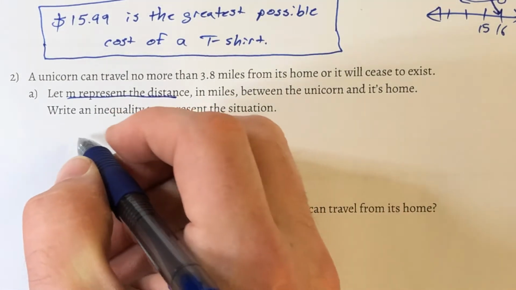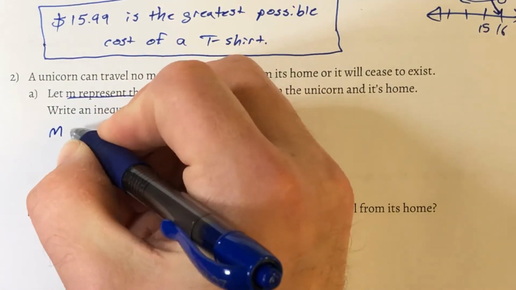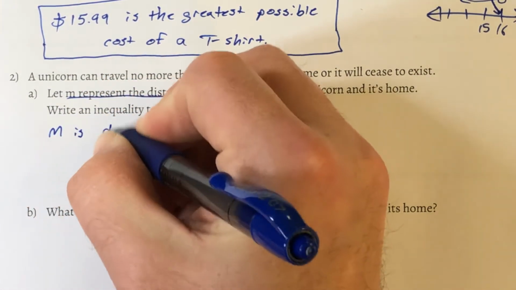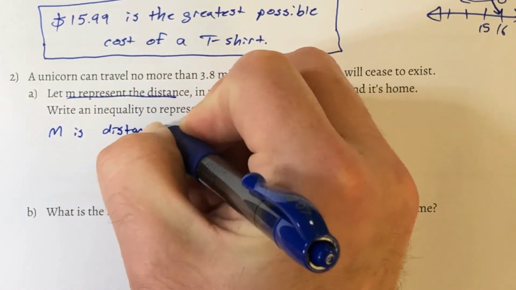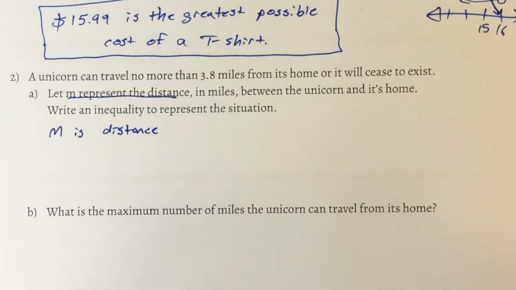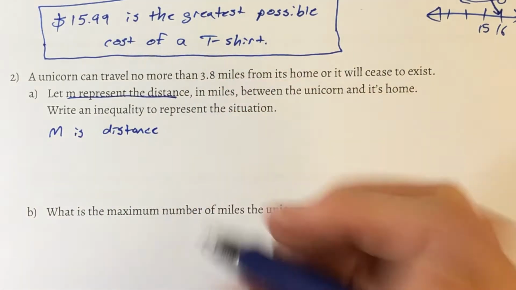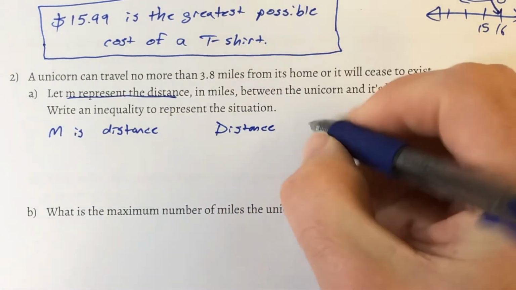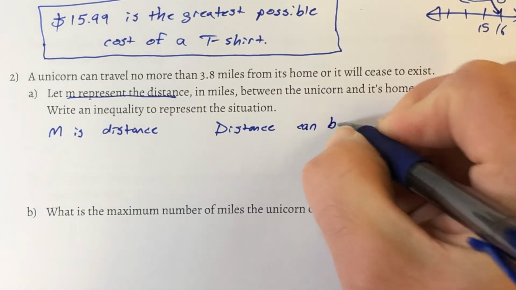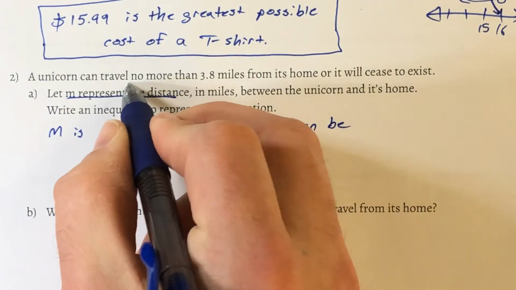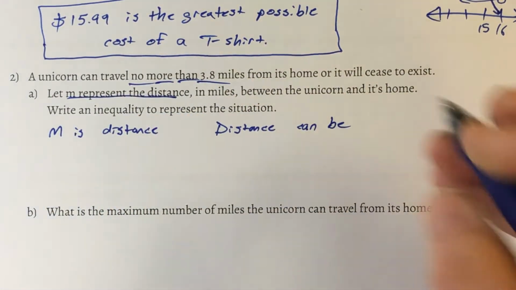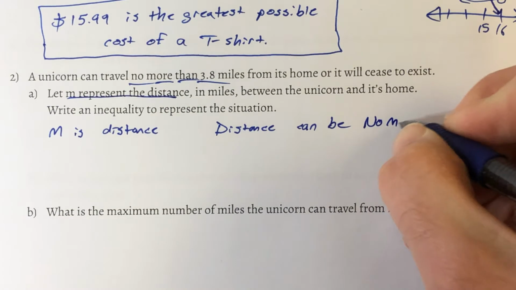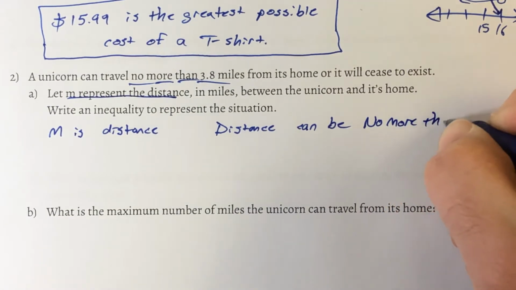So we're going to remember that M is distance. And what is the distance that the unicorn can travel? The distance can be, it says, no more than 3.8 miles.